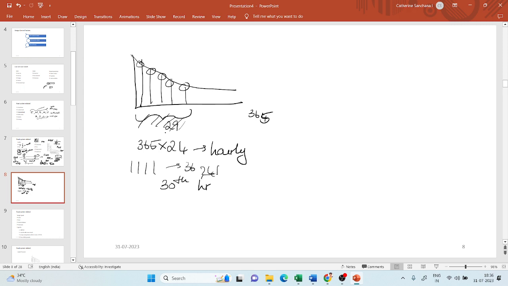I will not use this for my design. I will pick the 30th hour volume, the traffic corresponding to the 30th hour, and use that for design. This is because if I pick this hour, I'm designing the pavement for this 1 hour of traffic for the entire lifetime.